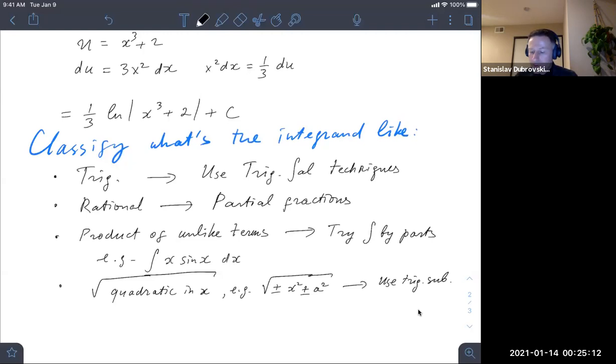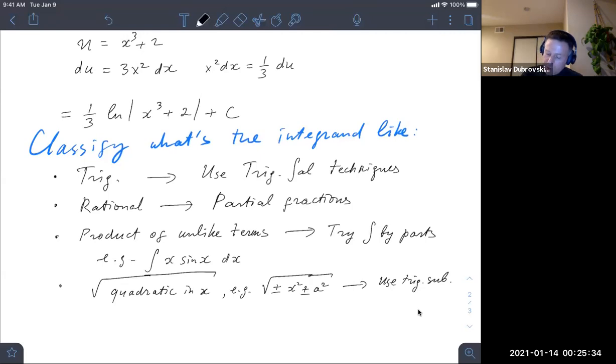Remember, you had the choice of setting x to depend on a particular combination of pluses and minuses to maybe a secant t, or a sine t, or a tangent t.